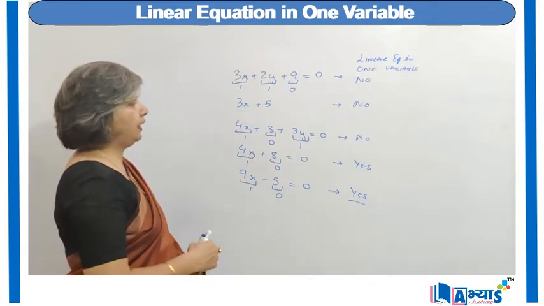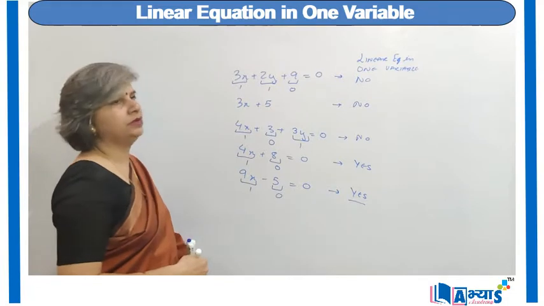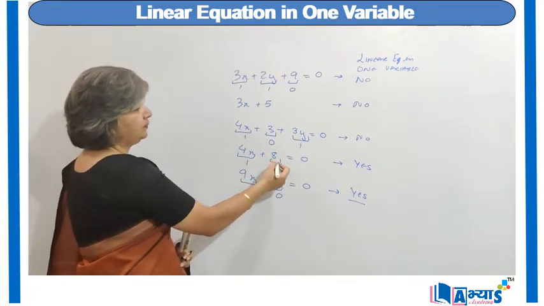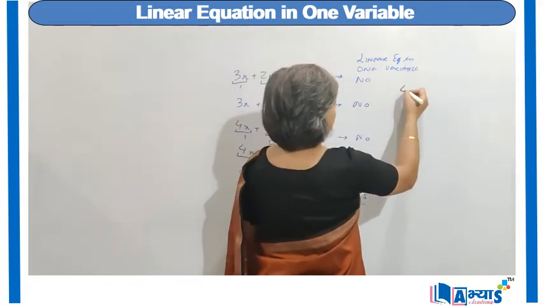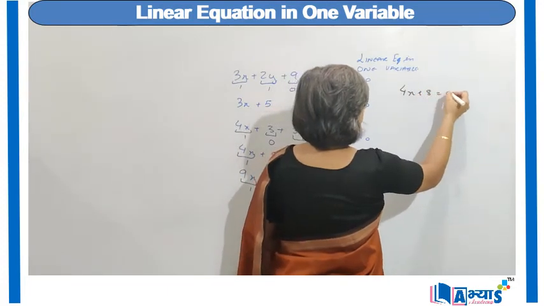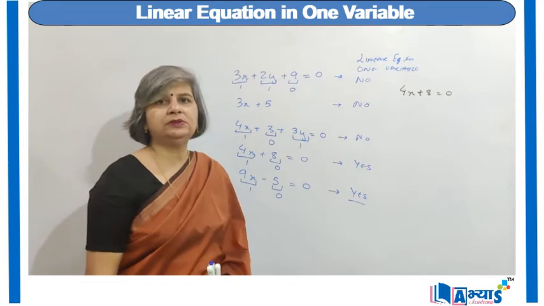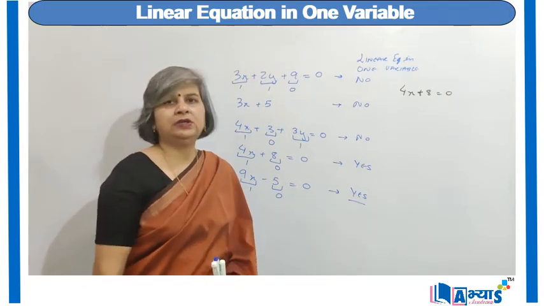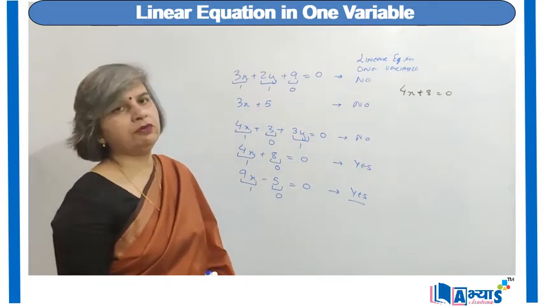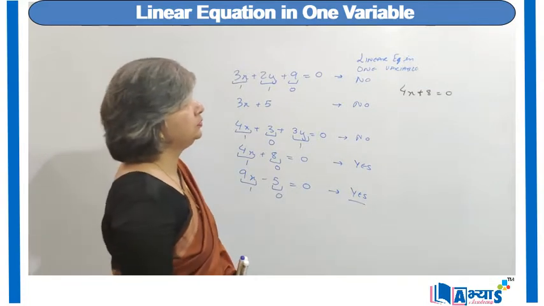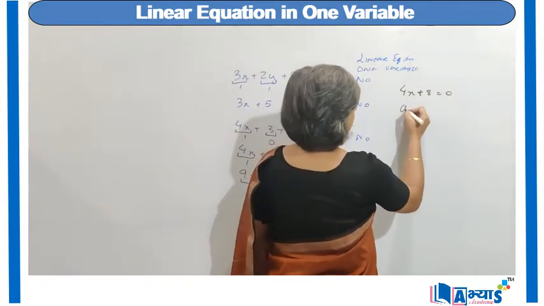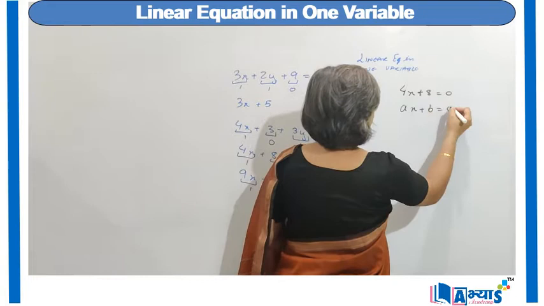Now let us try to find the solutions of the linear equations in one variable. We see that 4x plus 8 is equal to 0, and we want to find the solution of the linear equation, that is, the value of x which satisfies the equation. So we will compare it with the standard form, that is ax plus b is equal to 0.